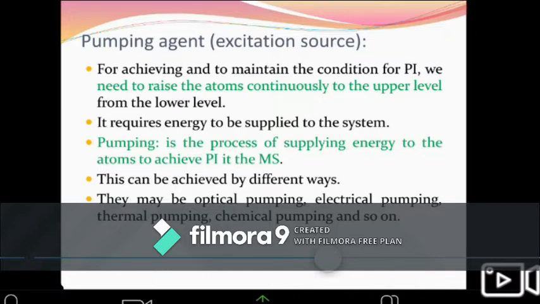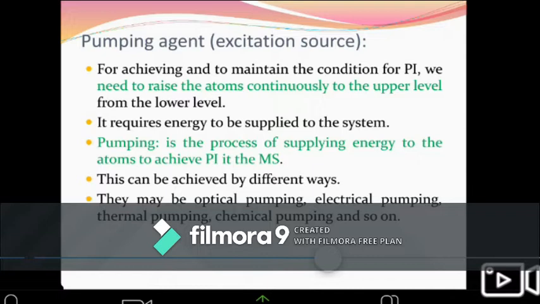I told you it can be optical pumping, or thermal, electrical pumping, and so on. So energy is supplied from outside. For achieving and maintaining the condition for population inversion, we need to raise the atoms continuously to the upper level. This requires energy that is given out from an external mechanism.